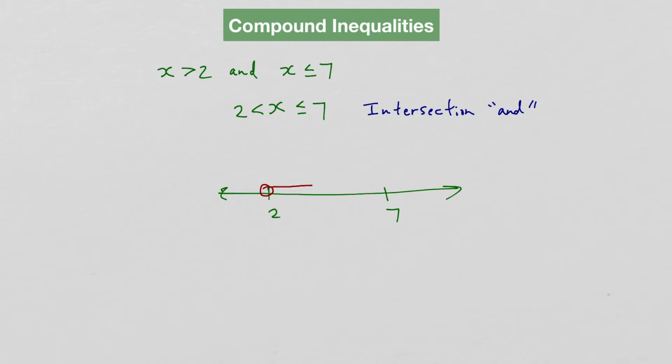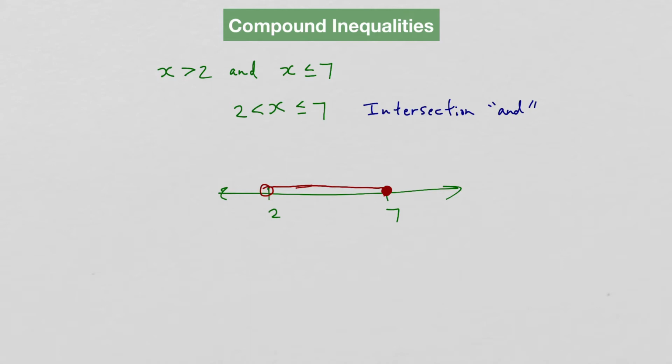So we're going to plot a closed circle on 7. And it's going to be less than 7, less than or equal. So we're going to connect the lines here. Okay, so on a number line, we have represented all numbers greater than 2 and less than or equal to 7.